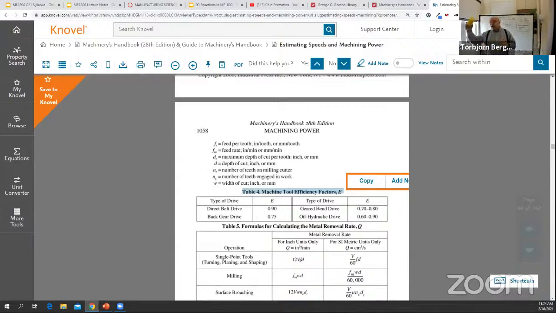If you have estimated the power at the tool and you want to know whether your spindle motor has enough power to make that cut, you can go back the other direction. For the sake of the class, we will either tell you the type of drive system that the machine has, or we'll tell you what the tool efficiency factor is if you need to do that part of the calculation.